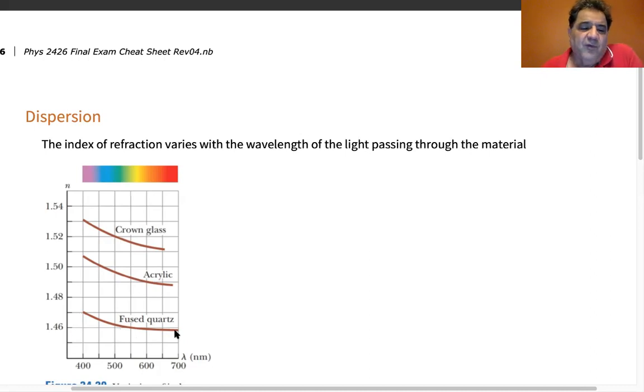The index of refraction goes from 1.46 to about 1.47, whereas with acrylic, there's a larger difference, from 1.49 to almost 1.51. And for crown glass, it goes, I'm sorry, from 1.51 to 1.53. So the fused quartz would be the best choice.